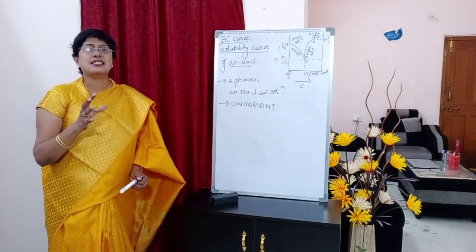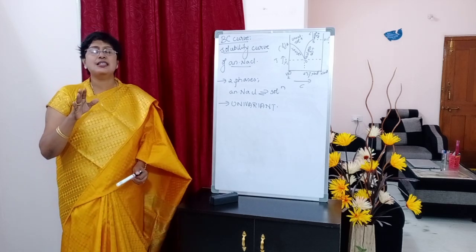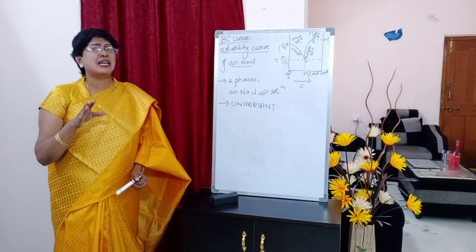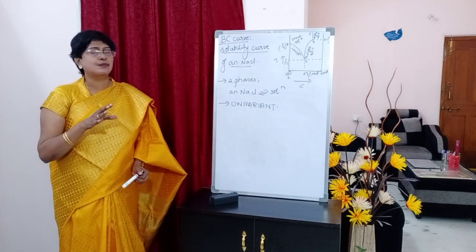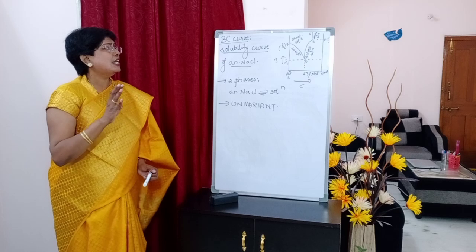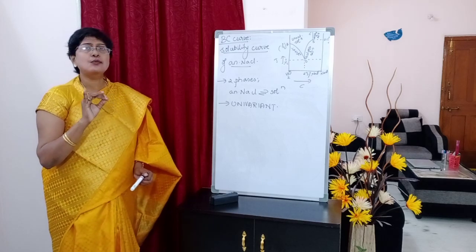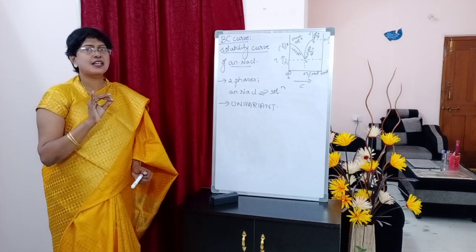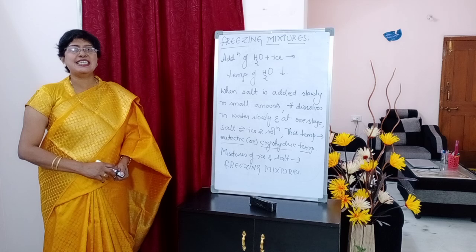Here you need not describe the areas and all, just the important portion, which is to mention the curves of the salt water system. We have learned about the AO curve, OB curve, BC curve and also point O. Understood now?